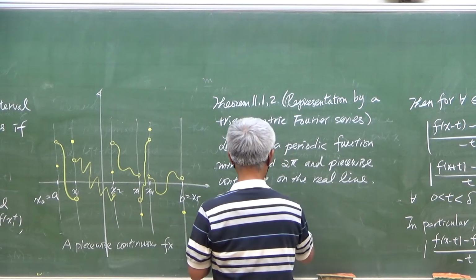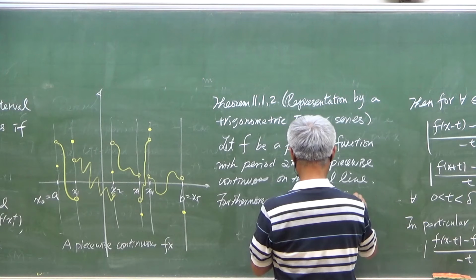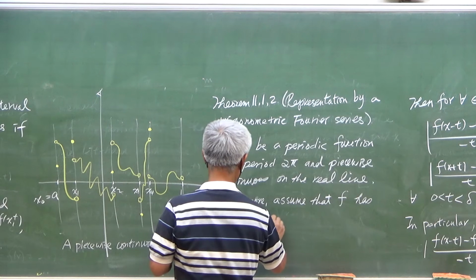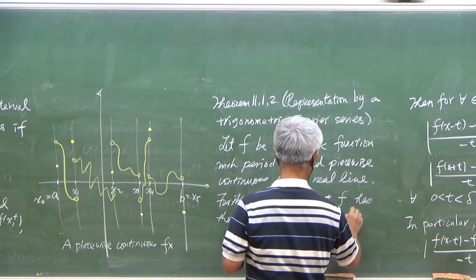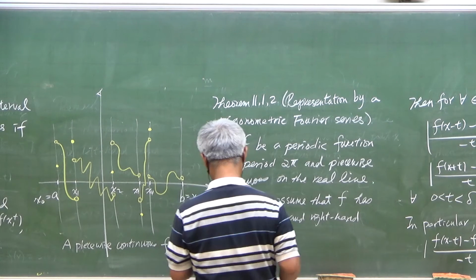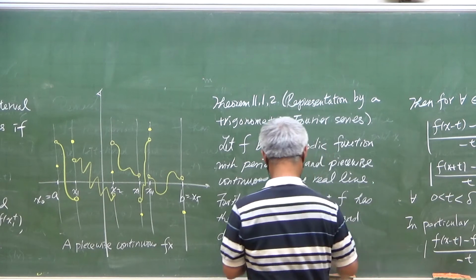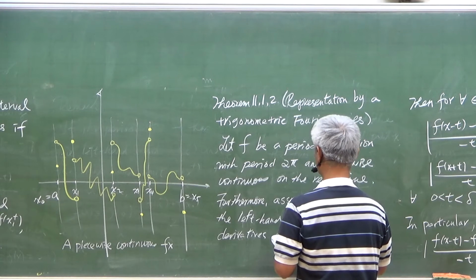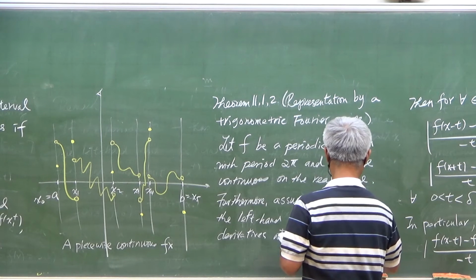Furthermore, assume that f has the left-hand and the right-hand derivative at each point on the real line.